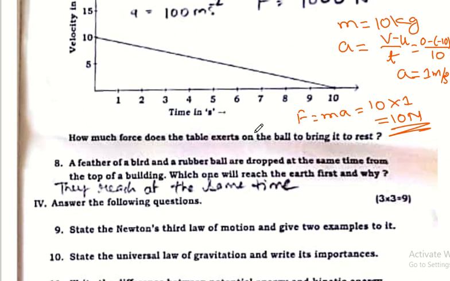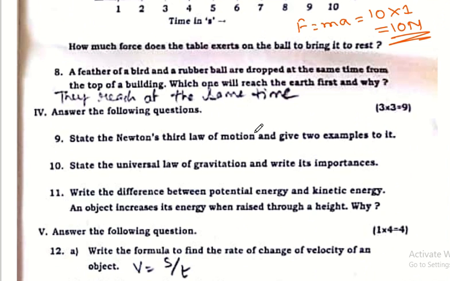A feather of a bird and a rubber ball are dropped at the same time from the top of a building. Which one will reach the earth first? Here the rubber ball will reach the earth first because the force of the air is exerting on the feather, so it reaches late.